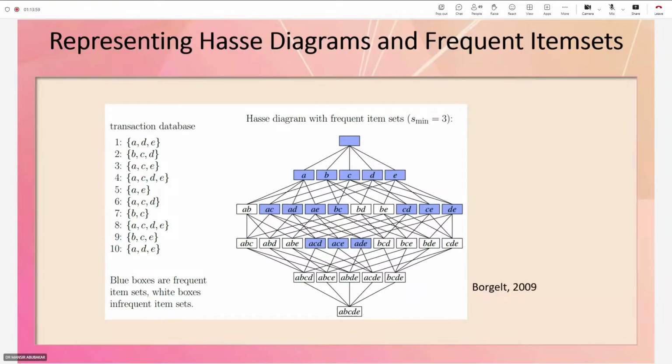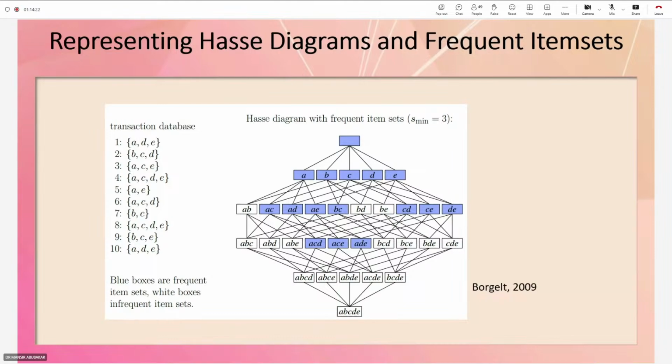So you can see in this diagram, wherever you see blue, here blue is indicating the frequent items, while the white boxes here are indicating the infrequent items. So this diagram of this method can be used also to scan the transactions and then generate the frequent item set.